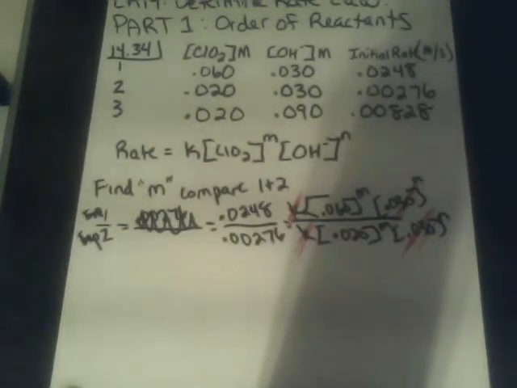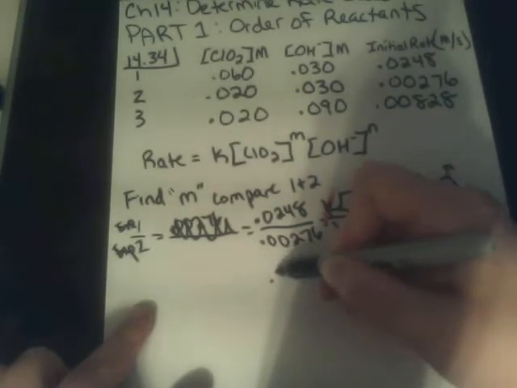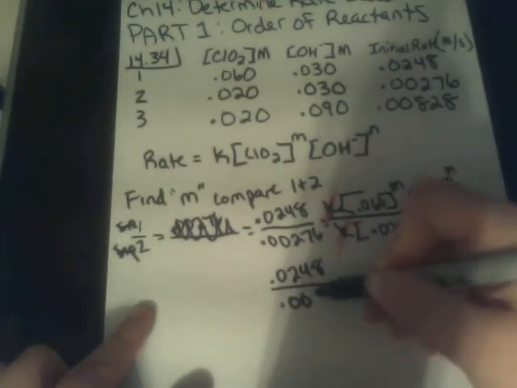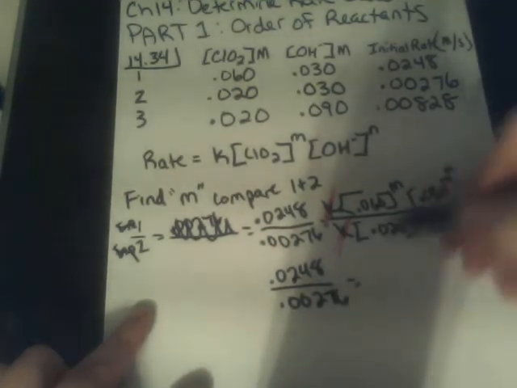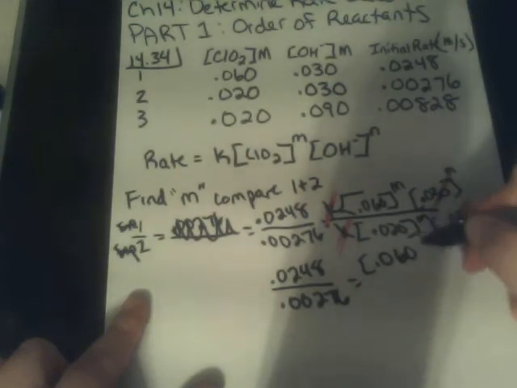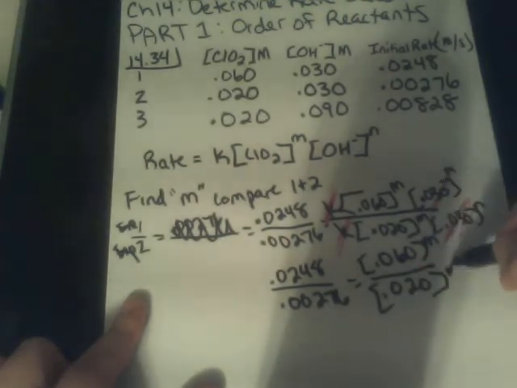So my new equation is actually just 0.0248 divided by 0.00276 equals 0.060 to the power of m over 0.020 to the power of m.